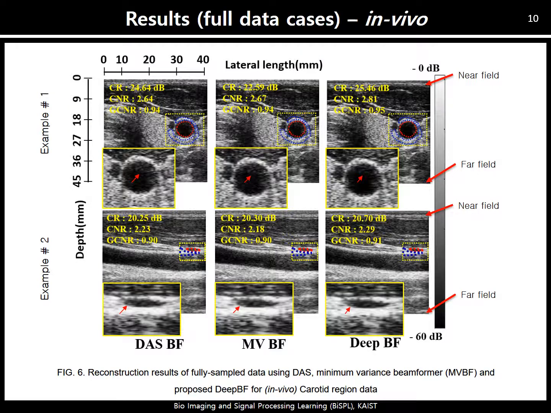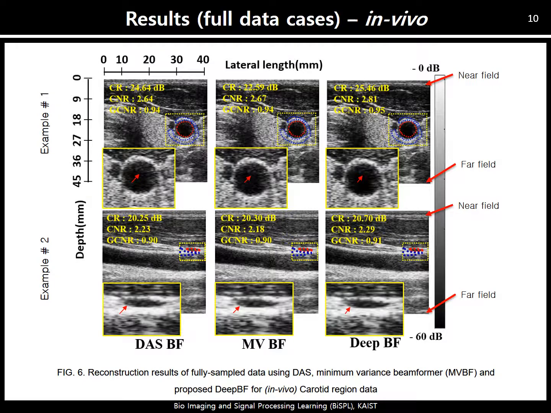This performance measure is much more robust than the CR and CNR, which are just contrast ratio and contrast to noise ratio. And GCNR is a generalized version of CNR. Because CR and CNR, especially CR, are highly sensitive to the dynamic range selection, and CNR also does not have any defined scale, but the GCNR is defined on a scale of 0 to 1, where 0 means no contrast at all, and 1 means you can distinguish two regions with 100% accuracy.